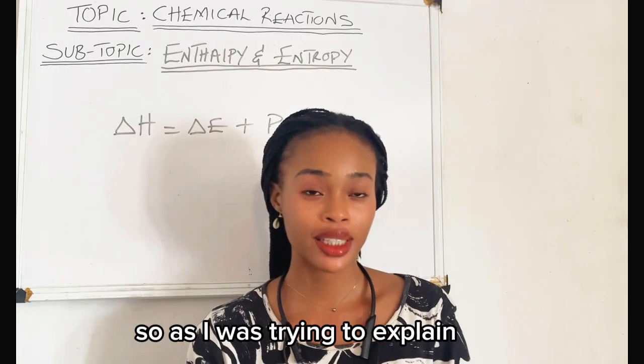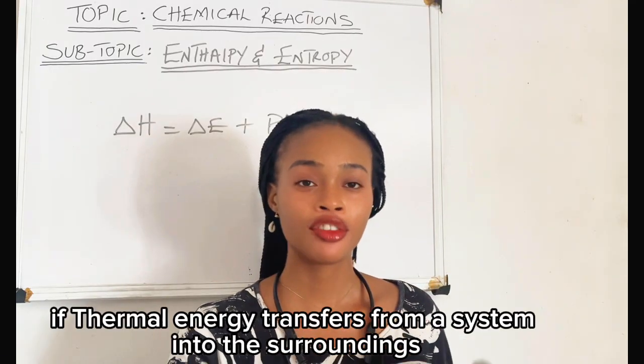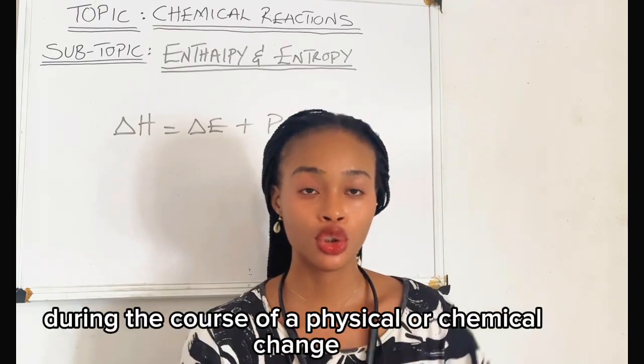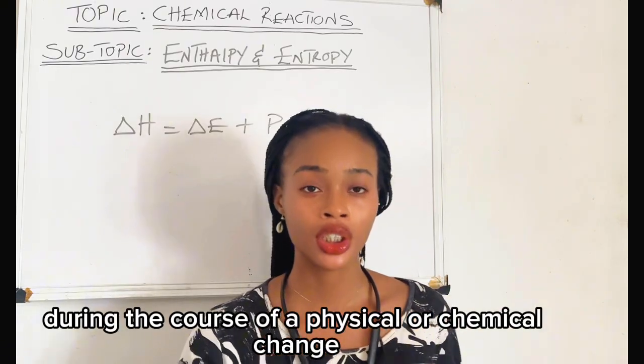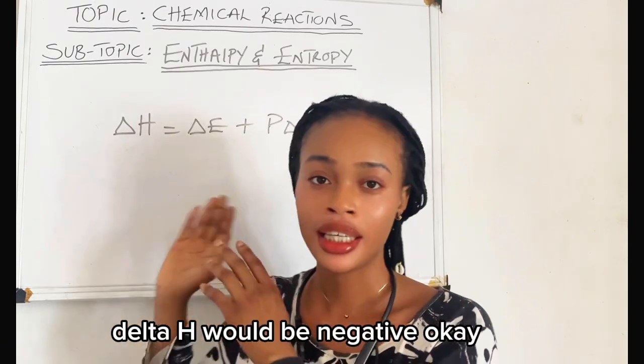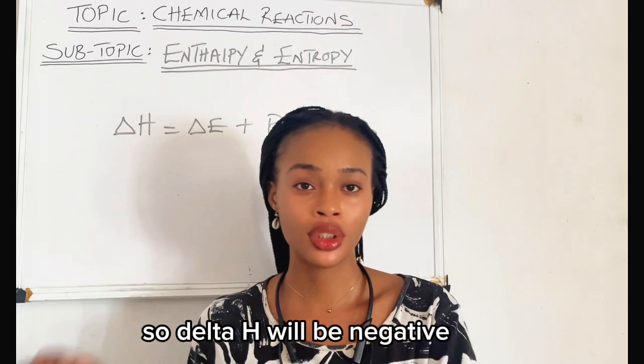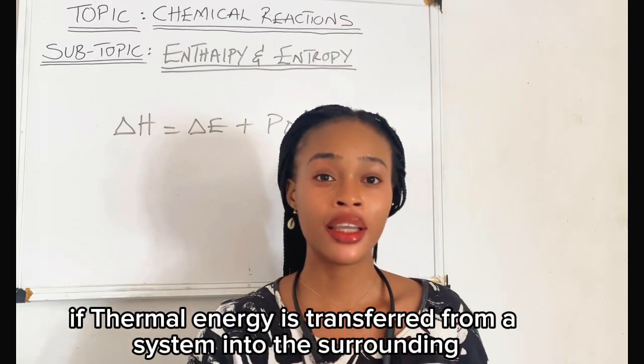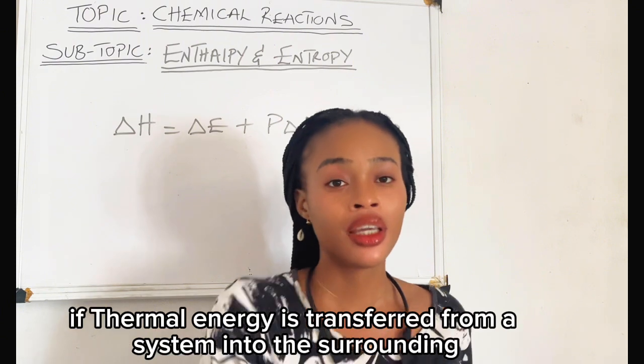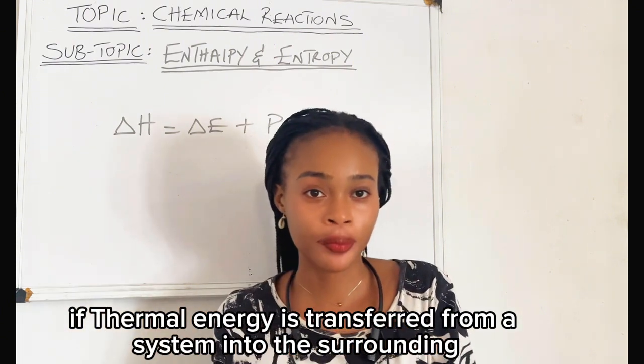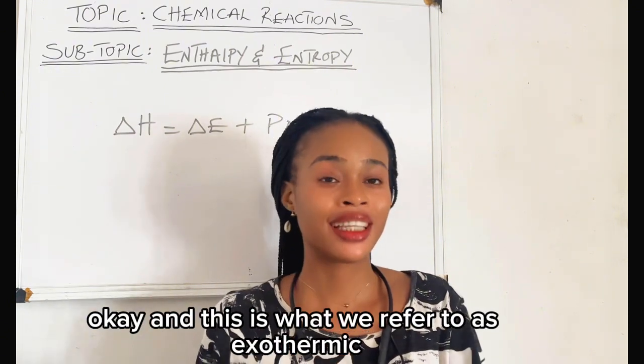As I was trying to explain, if thermal energy transfers from a system into the surroundings during the course of a physical or chemical change, delta H will be negative. This is what we refer to as exothermic.